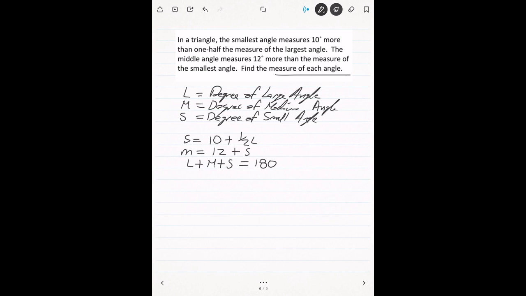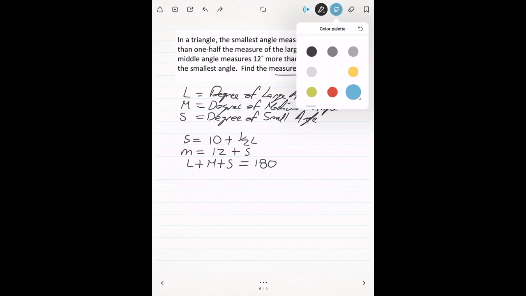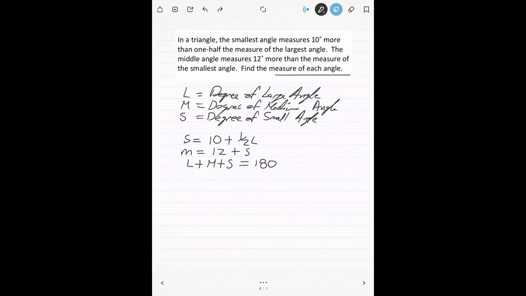So knowing that, we can come up with our third equation, and it's the one that has all 3 variables in it. So let's do some substitution here. I'm going to underline this equation in blue and this equation in green. Let's start doing some substitution.